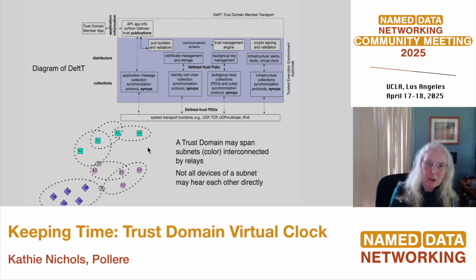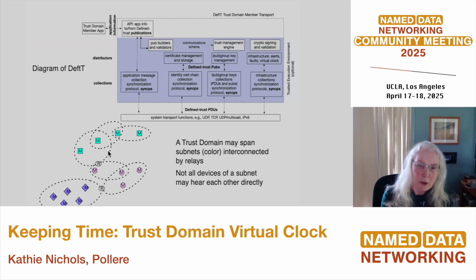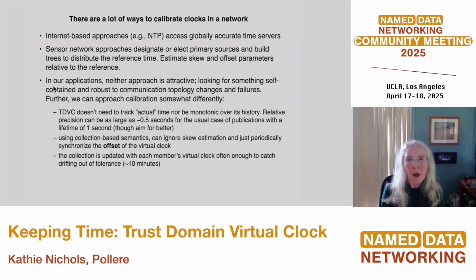And so I put these dotted lines in to show that maybe these are the only things that hear each other directly, but SyncPS will mesh things and move it through the system normally. And that's the environment we're dealing with. There's a lot of ways to calibrate clocks in a network. People are probably familiar with internet-based approaches like NTP, and those access globally accurate time servers.